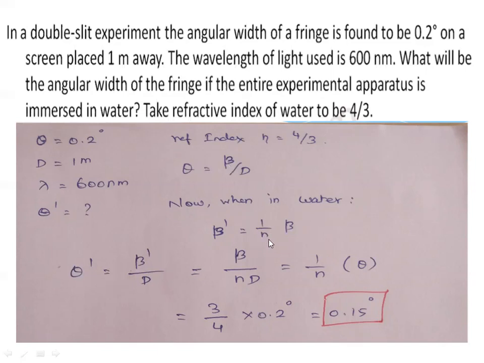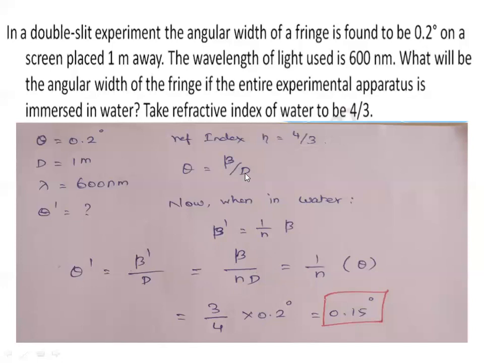If we substitute, n will go down, d as it is will be here, and beta goes on the numerator. So theta dash is equal to beta by nd, the new angular width of a fringe. This can be written as 1 by n into beta by d. I hope you understand.